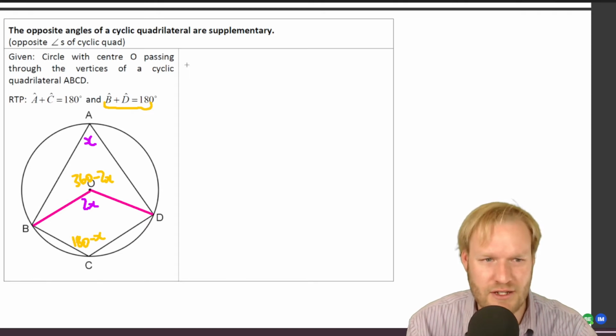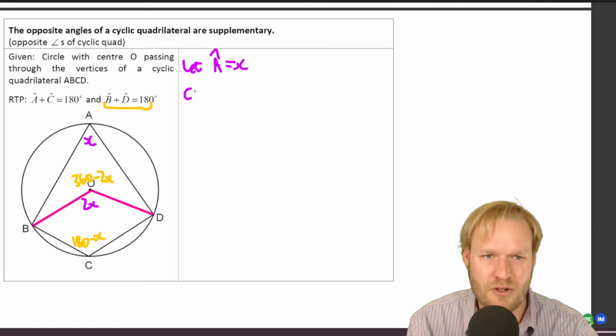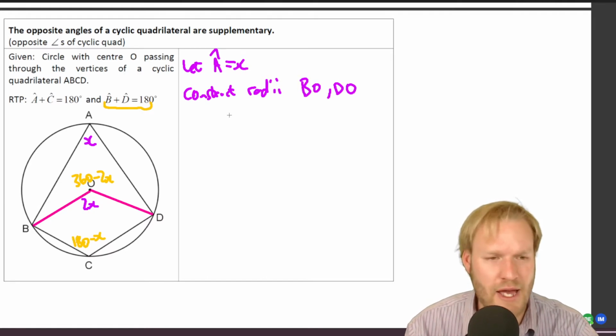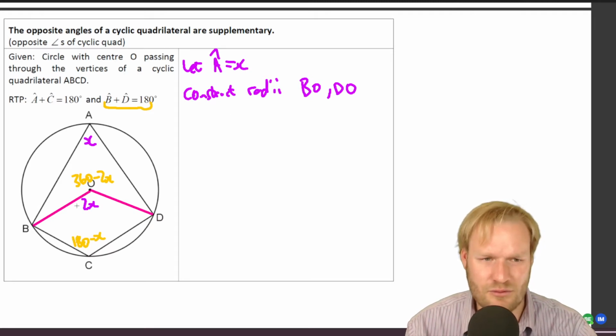So let's have a look here and say, let A equal x, construct radii. What are they? BO and DO, Bodo. And then we've got angle BOD, that's the little one there. So what you can do is call this O1 and O2.